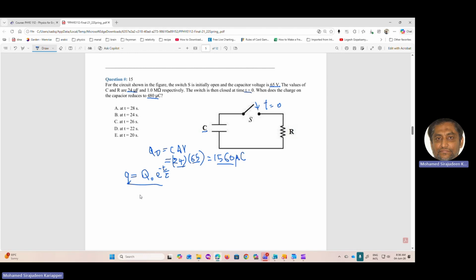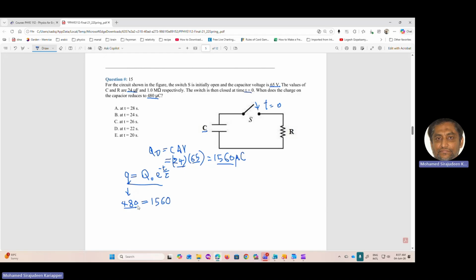So now it's a matter of substitution. The question is to find the time at which the charge becomes 480 microcoulomb. So you substitute 480 microcoulomb. I again did not convert it to coulomb because I'm going to substitute Q0 also in microcoulomb.